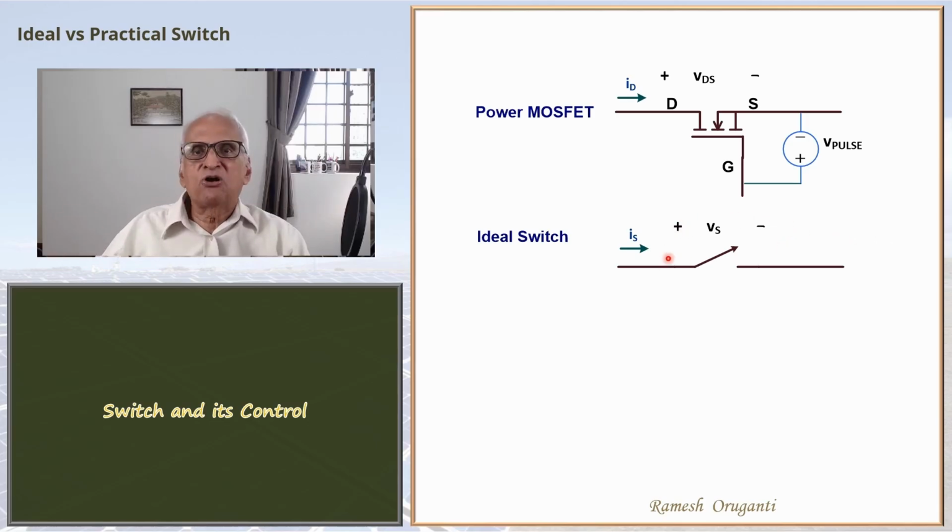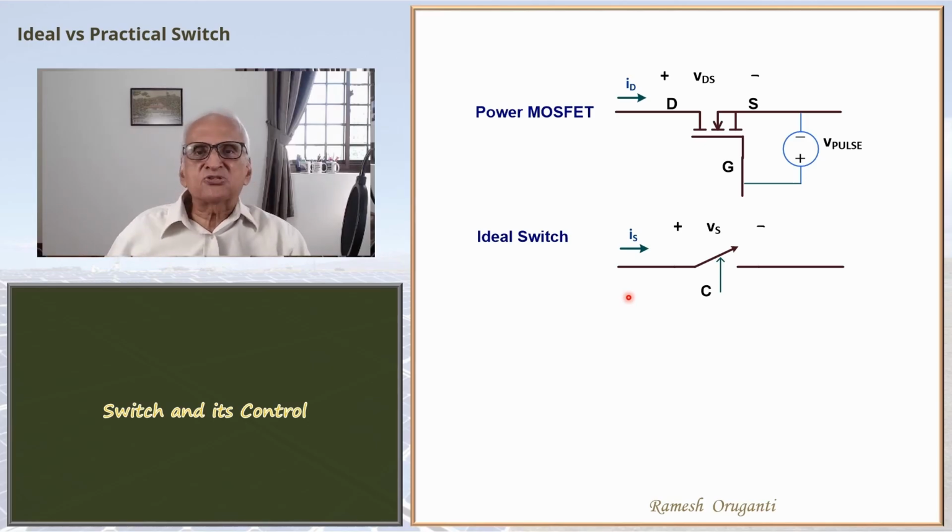When the switch is off, the current Is will be zero. And in order to switch on and off, you need a control. If it's a mechanical switch, you can switch it on or off with your finger. That's the control. Control here is shown by C. By giving some signal here, C, you can turn on the switch or turn off the switch.